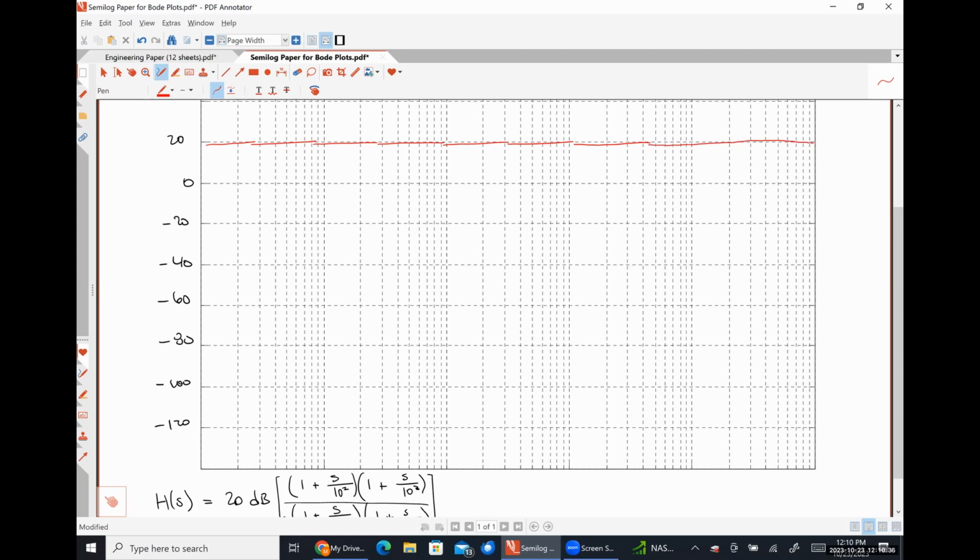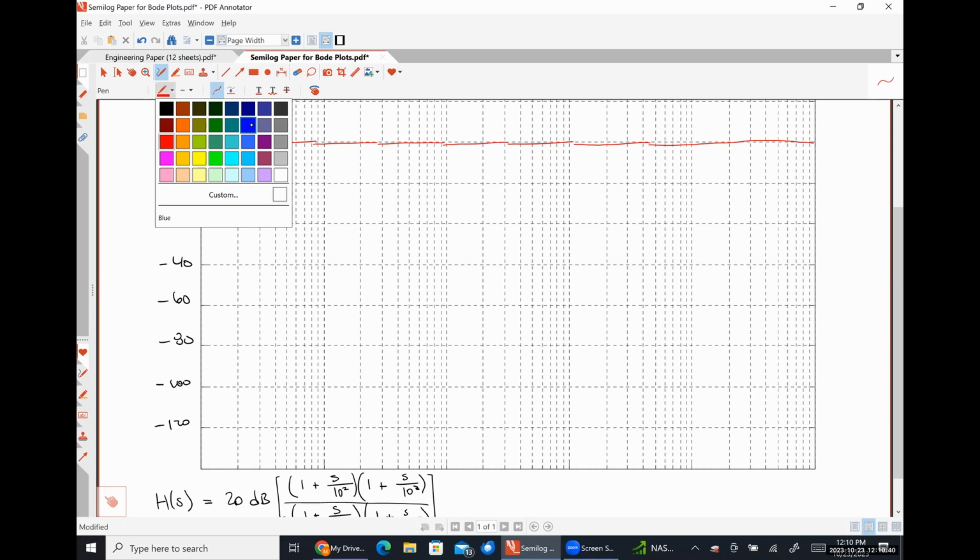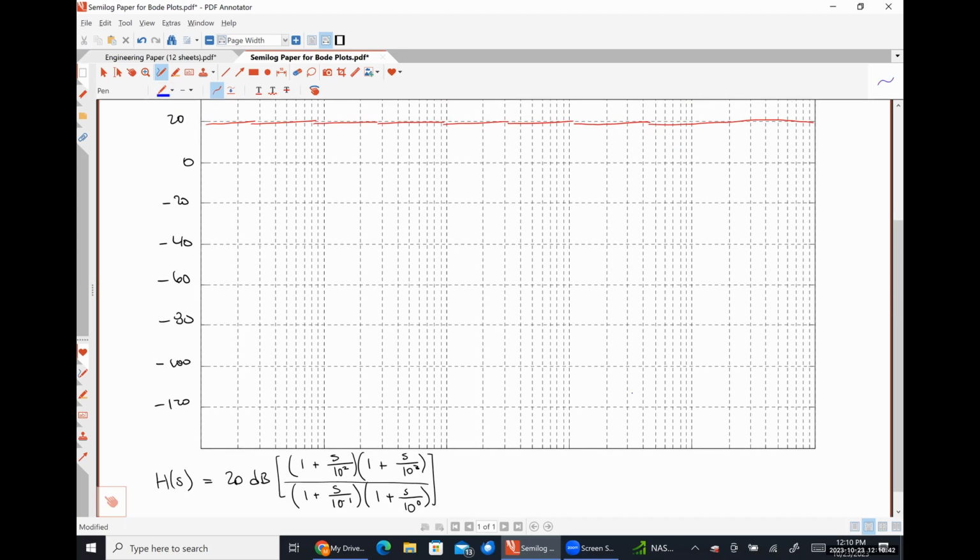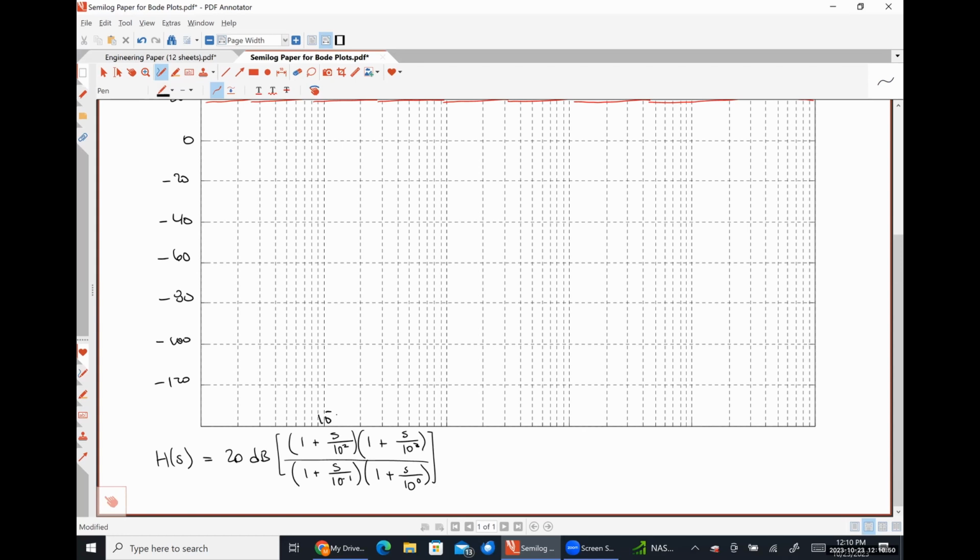Everything is easy peasy. All right, we have a pole at, oh, I need to define my frequency axis down here. So let's make this 10 to the minus 1, 10 to the 0, 10 to the 1, 10 to the 2. And I'm running out of space, so 10 to the 3. Yeah, that'll be okay.